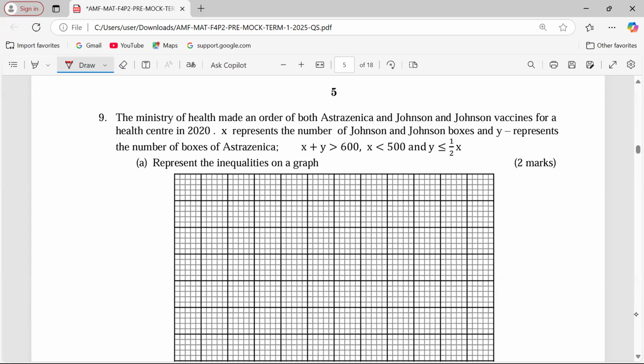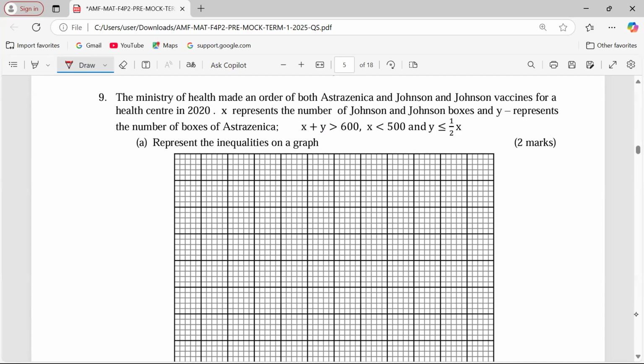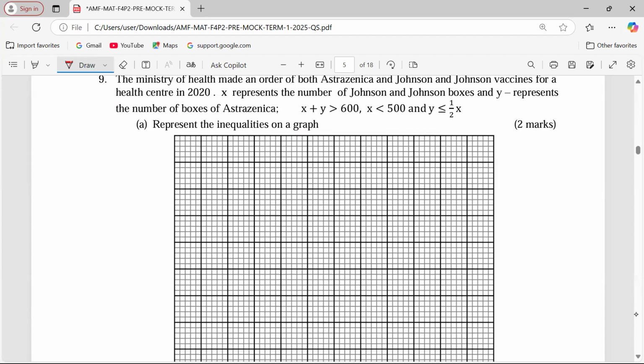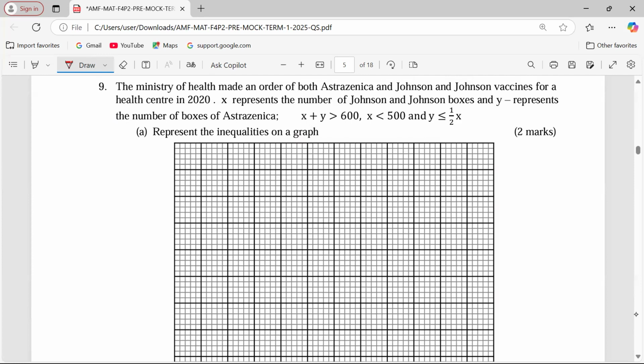X represents the number of Johnson & Johnson boxes, and Y represents the number of boxes of AstraZeneca. Those are the vaccines for COVID-19. Look at this now. Information. X plus Y is greater than 600.